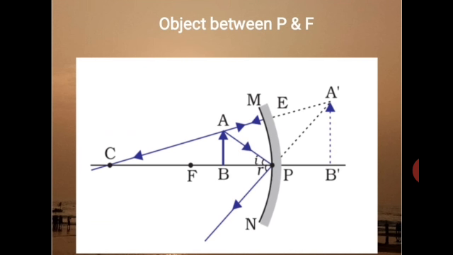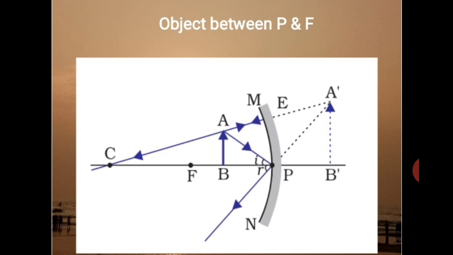Now you see this image is erect. When you have kept the pencil upright at point AB, the image is also formed similarly upright, but the size is big. So we say that this image is enlarged or magnified, and because it is straight, we say the image is erect.